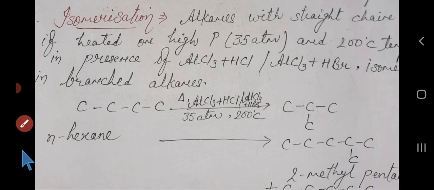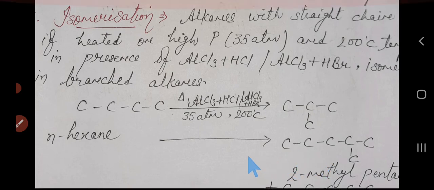So alkanes consisting of a straight chain, if heated at high pressure and 200 degrees Celsius in presence of AlCl3-HCl and AlBr3-HBr, isomerize and produce branched alkanes. Normal butane, n-butane, has been converted into isobutane or 2-methylpropane in these given conditions, and n-hexane also isomerizes here and gives a mixture of 2-methylpentane and 3-methylpentane.